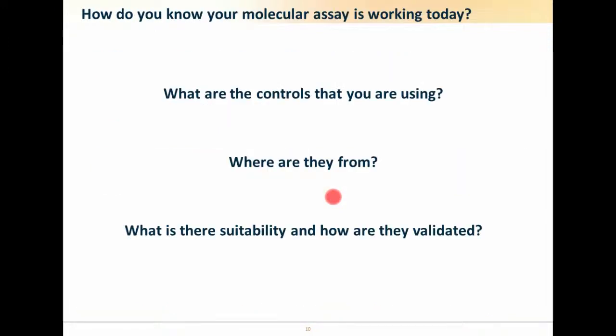So just coming back to the questions I put at the start of the talk, with all of these variabilities that are coming into the process, it's absolutely vital that the controls that you're using are very well validated and suitable.